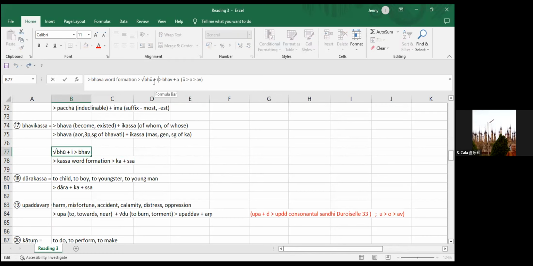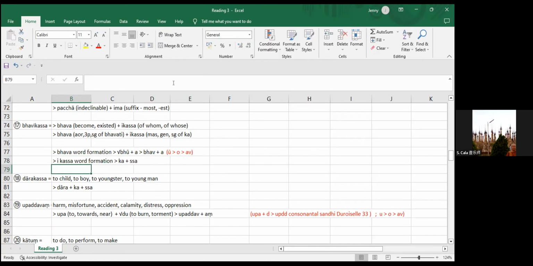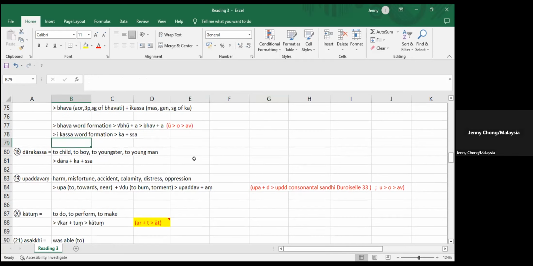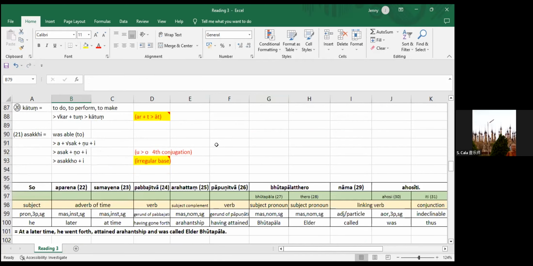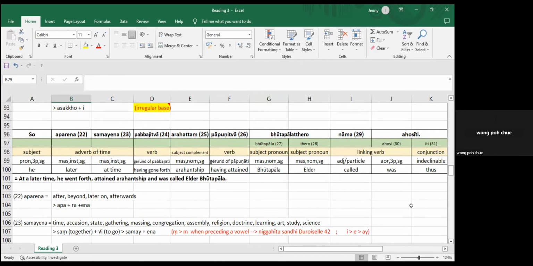But this one is bawa, bawika. I amend later. Okay, so I think the rest should be okay. Thank you, Sayaji.